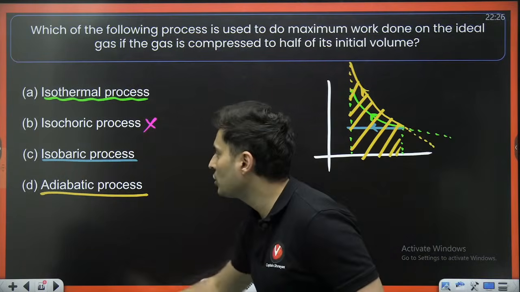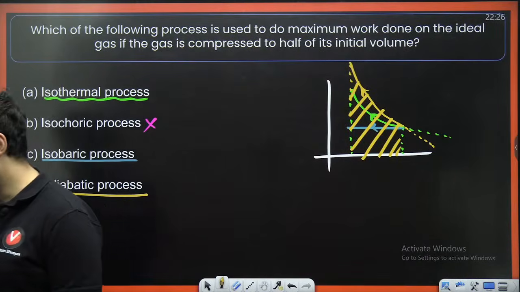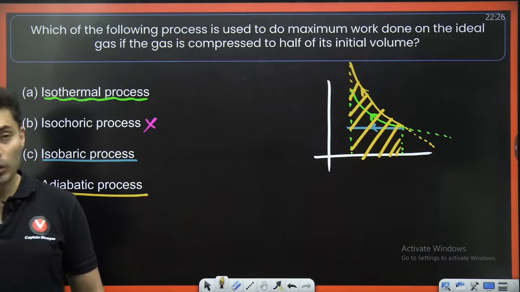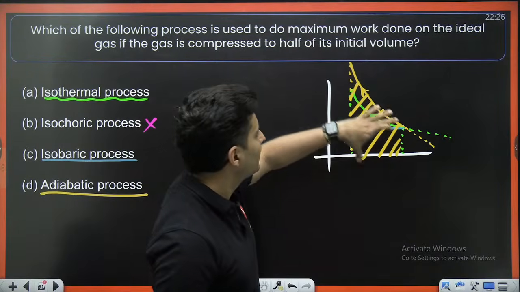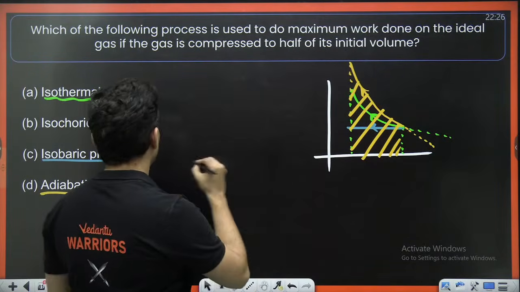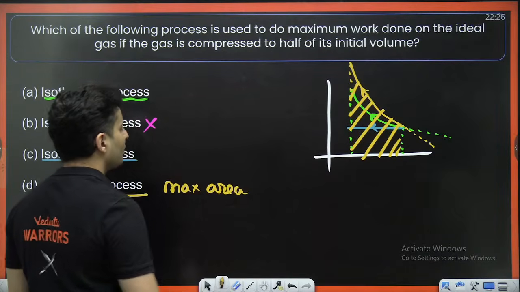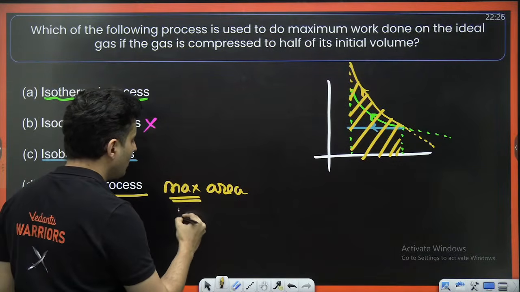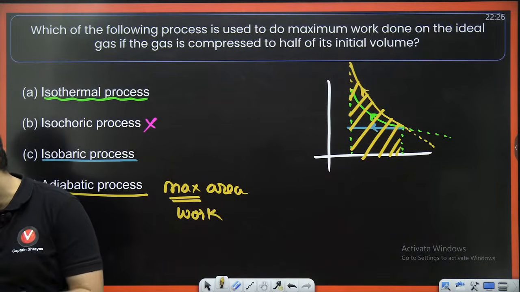So I think the answer should be D. Yes, it is adiabatic process. Question was, where is the work done maximum on the gas? So you can see maximum area. So it has maximum area. So that's why maximum work also. Maximum work done. Is that clear?